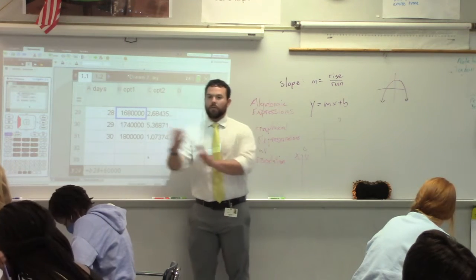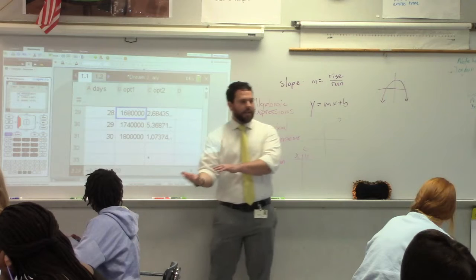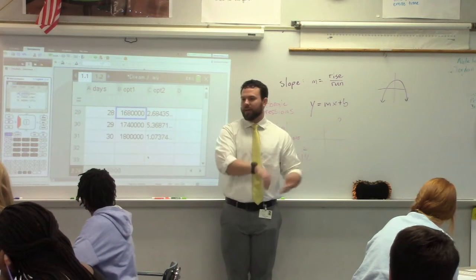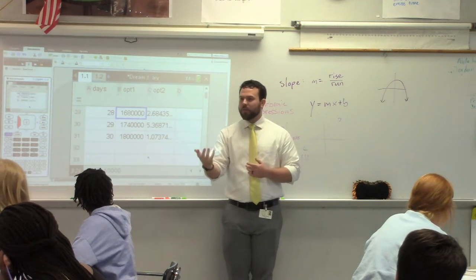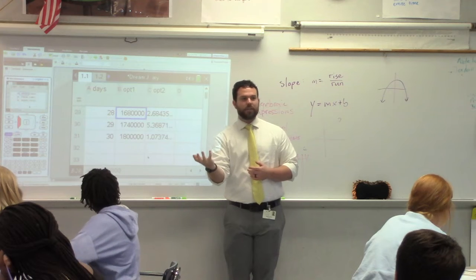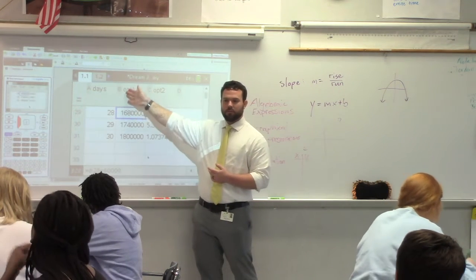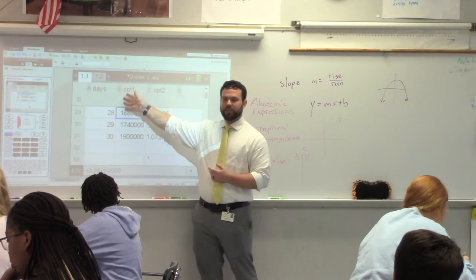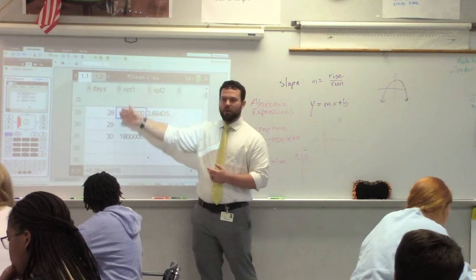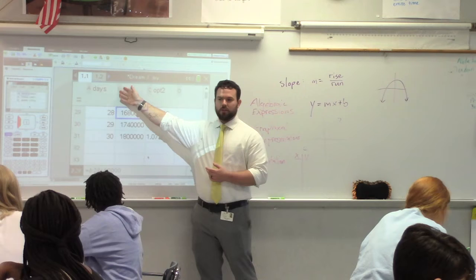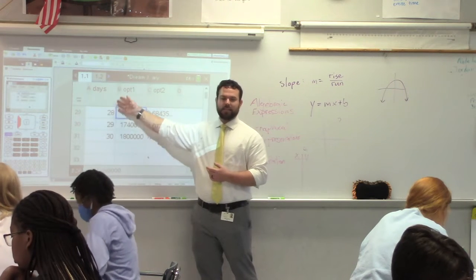It just goes to whatever happened before and then adds or subtracts or multiplies or divides to get the next number. And so if you can identify what the rate of change is, specifically, what's the rate of change here? Not just 60,000, it's doing what with that 60,000? Adding by 60,000, right?